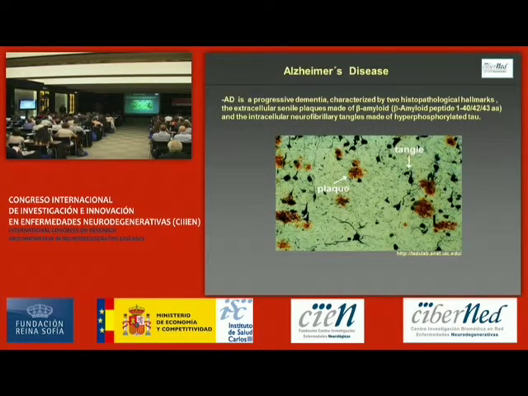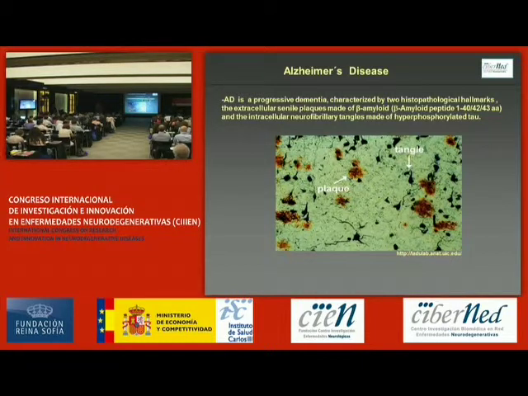So Alzheimer's is characterized by two different histopathological markers. One is the accumulation of the beta amyloid peptide in the senile plaques, and the second one is the intracellular accumulation of the neurofibrillary tangles, that is basically made by tau, phosphorylated tau.